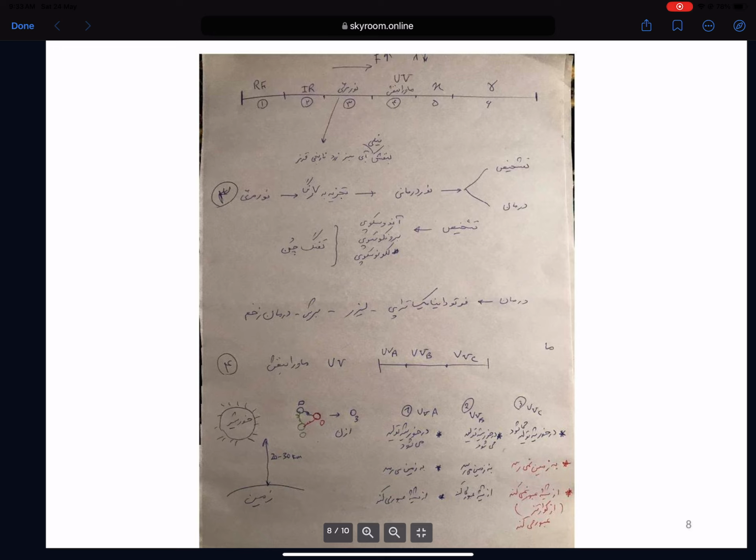it's not made from glass, because UVC cannot pass through glass. So if you see the UVC lamp in the hospital, please don't take a selfie with that. It's very dangerous.